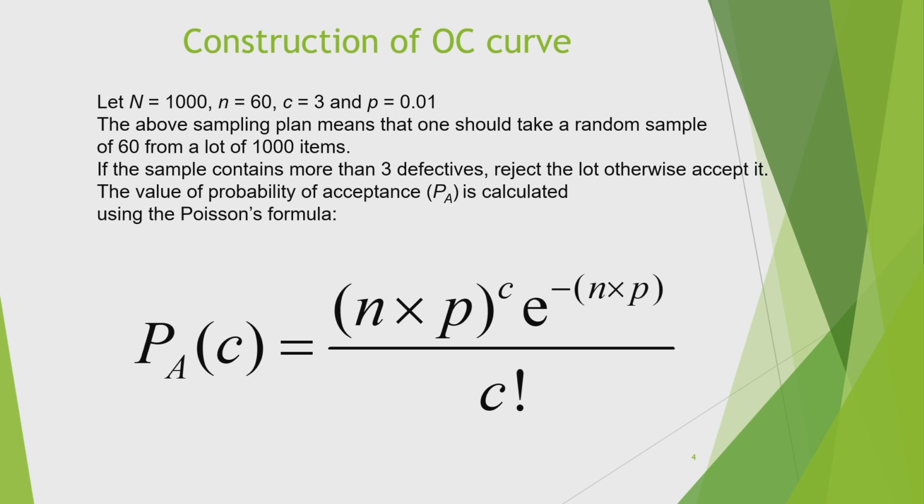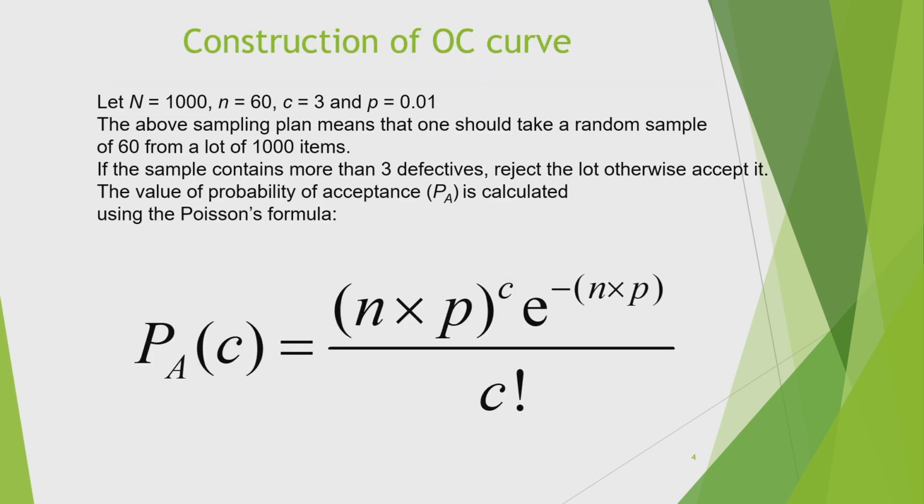Then in place of C you put 0. What is the probability that there will be 1 defect? In place of C you put 1. What is the probability that there will be 2 defects? Put C equal to 2. So that will give the probability.